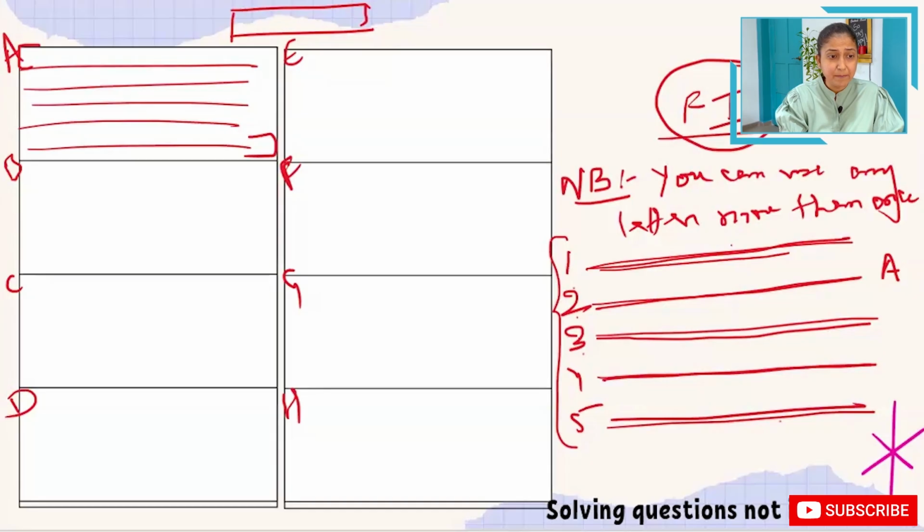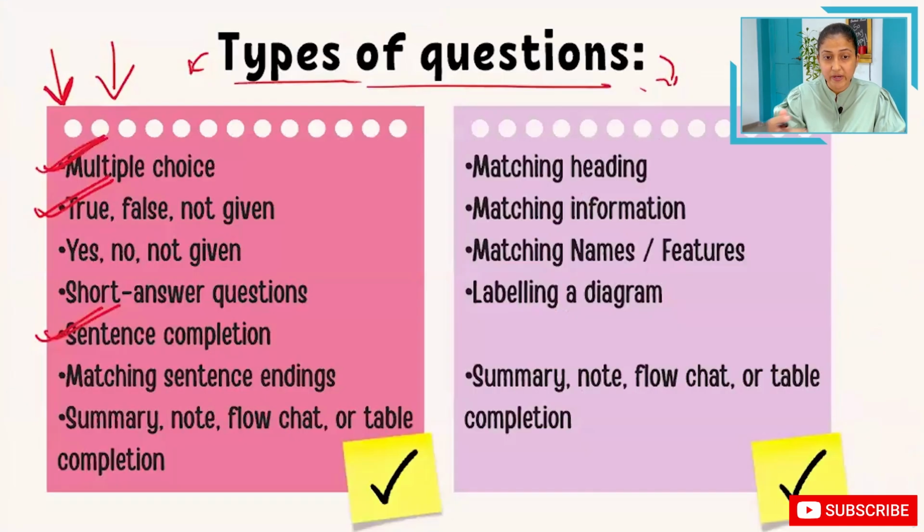Right? Why? Because there are chances that the other information is also present in the same paragraph. Clear? Yes?